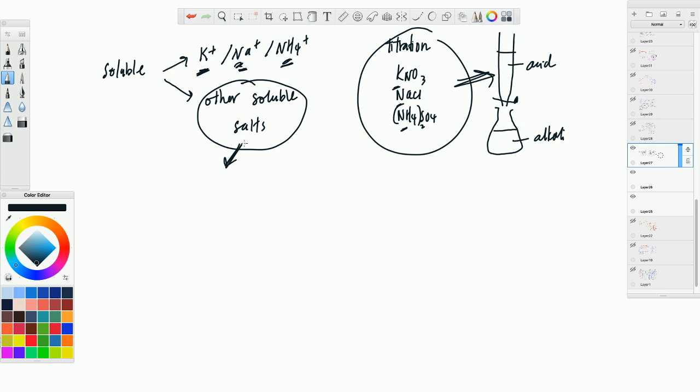Other soluble salts you use, for example, you want to make magnesium sulfate, you either use acid with magnesium, or acid with magnesium oxide, or acid with magnesium carbonate. Okay?